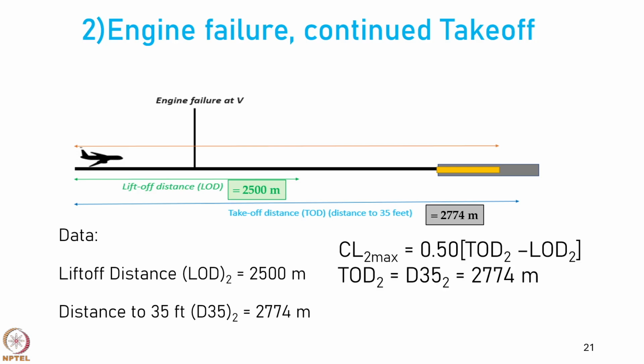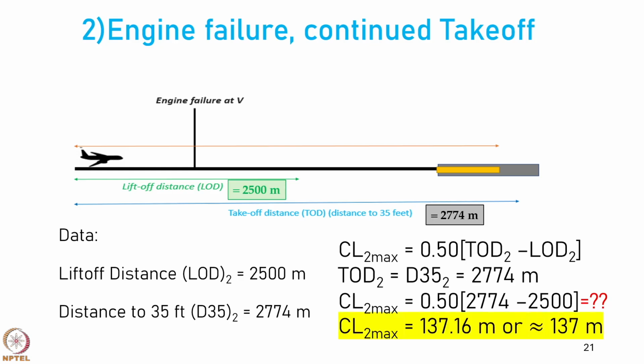TOD2 is D35, that is 2774 meters already mentioned, so CL2 max will be half of 2774 minus 2500. I would like you to pause the video and calculate this yourself. That number turns out to be 137.16 or approximately 137 meters.